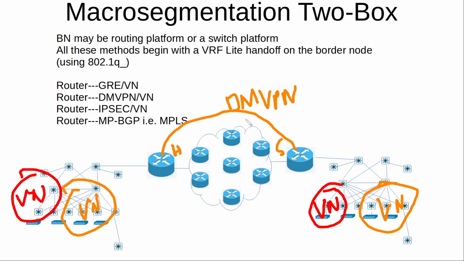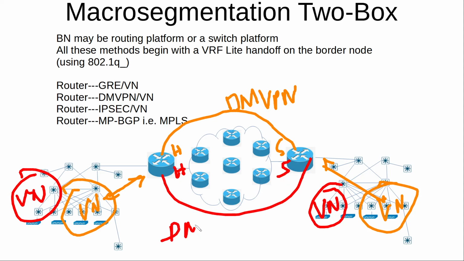So I will create one DMVPN domain in order to communicate the orange virtual networks, and then I will need another DMVPN domain in order to communicate the red VNIDs. So I could select this as the hub and this as the spoke, and then I will create a DMVPN domain in order to communicate these two virtual network IDs.